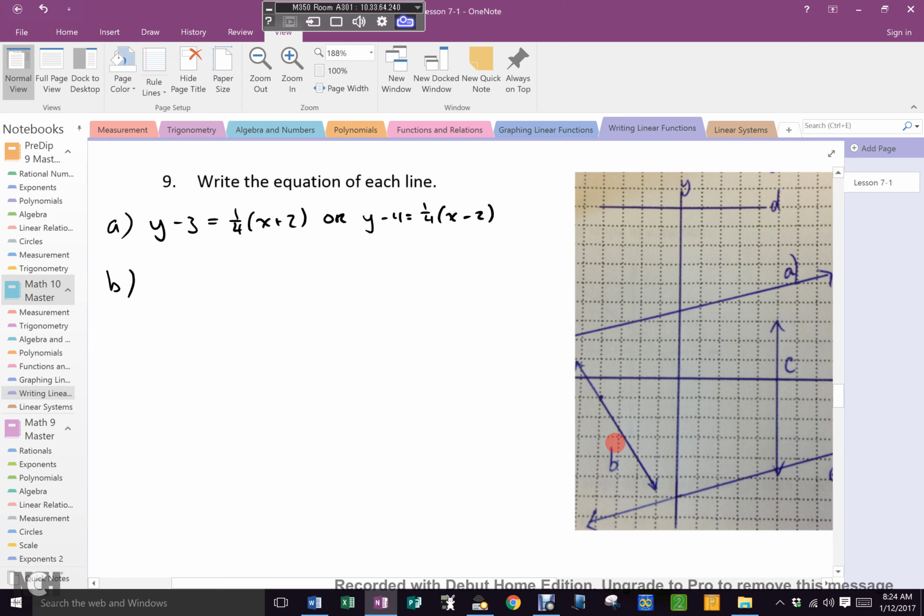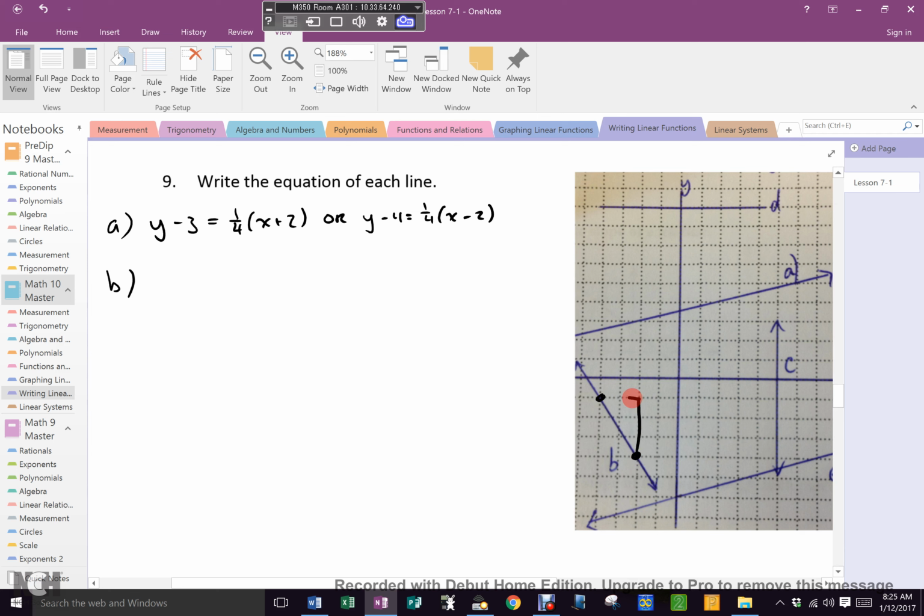So B, what are we going to use for B? That's this one over here. Point slope again, right? Why? Because I don't have a nice intercept, right? Even if I continue the line, I might not get one. So I find my slope. What is it?